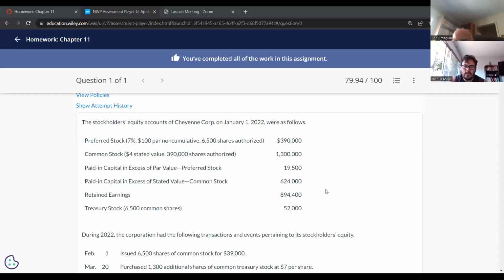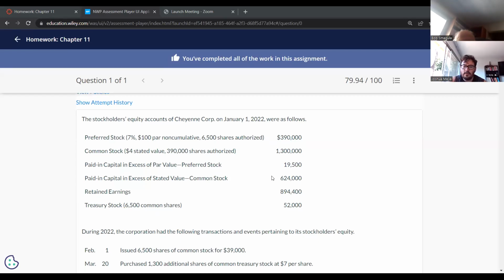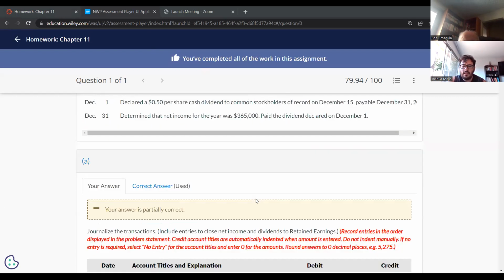Yeah, because on the pre-lecture assignment, it had me fill in only the common stock. It had to put paid in capital, and I kept calculating exactly how you said.